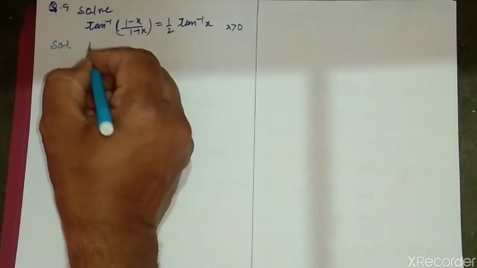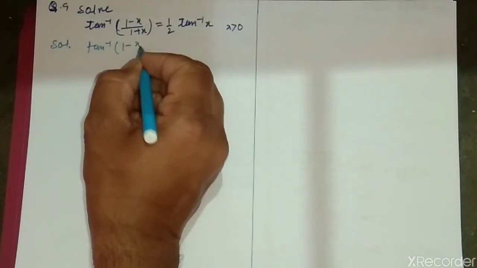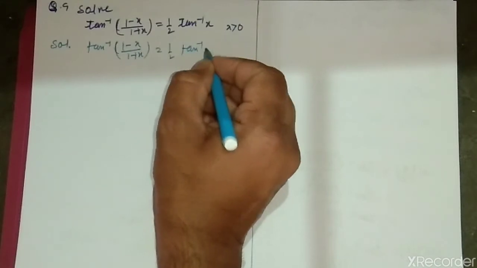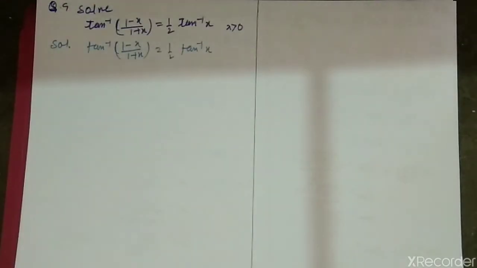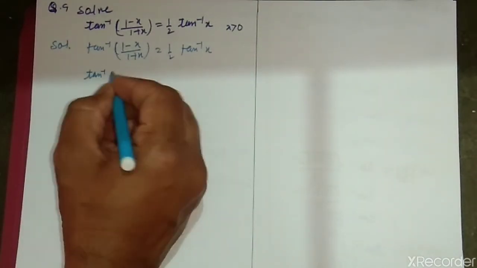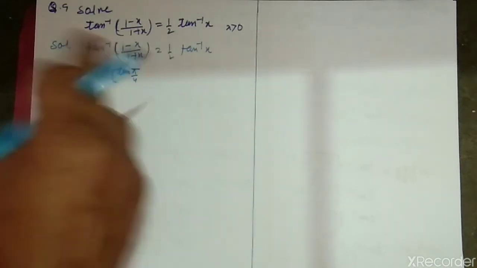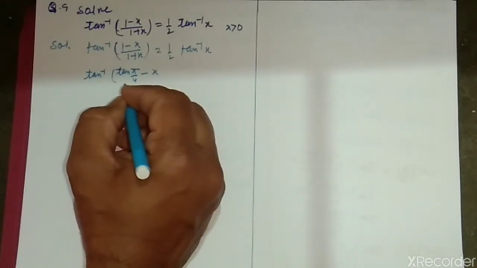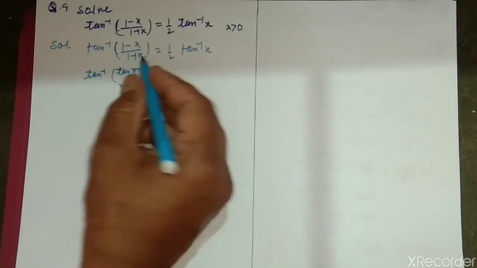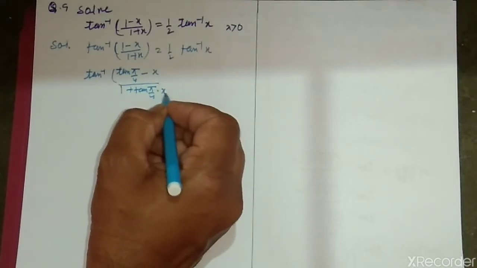कैन वी राइट फर्स्ट ऑफ ऑल tan inverse (1 minus x) upon (1 plus x) is equal to 1 upon 2 tan inverse x. क्लियर? क्या 1 को हम लोग tan pi by 4 लिख सकते हैं? देखिए, tan pi by 4 is 1, so we can write tan inverse (tan pi by 4 minus x) upon (1 plus tan pi by 4 into x).